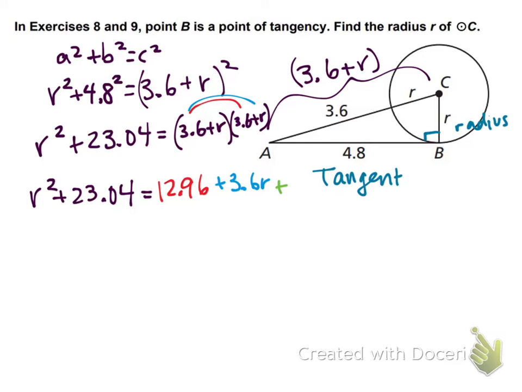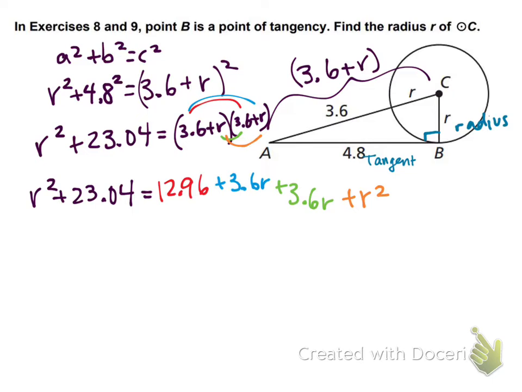You look like you're doing good. So you're foiling. This should be r times r is r squared.